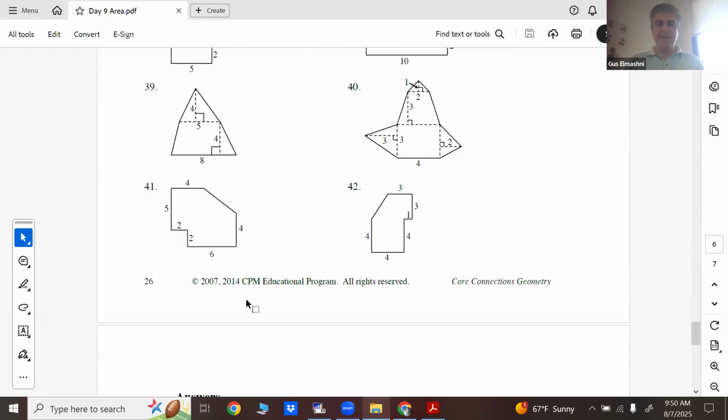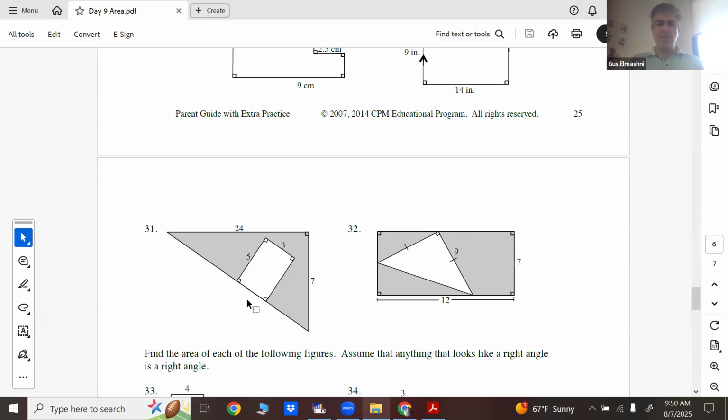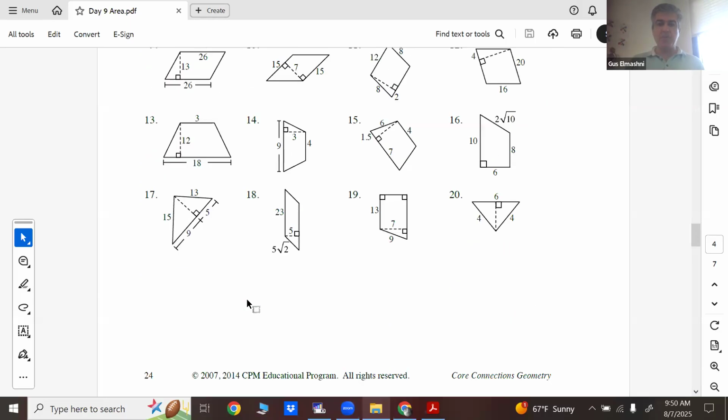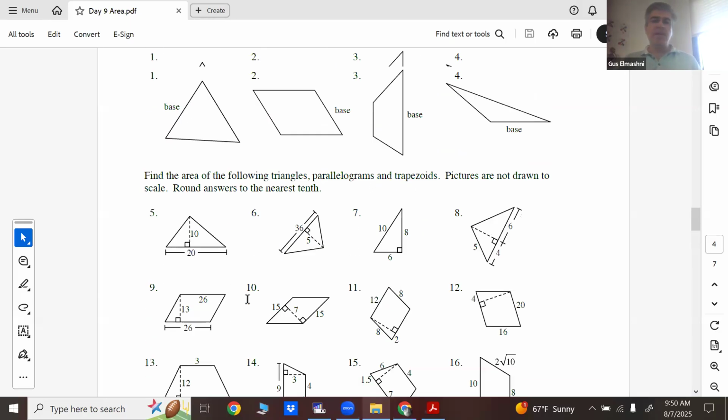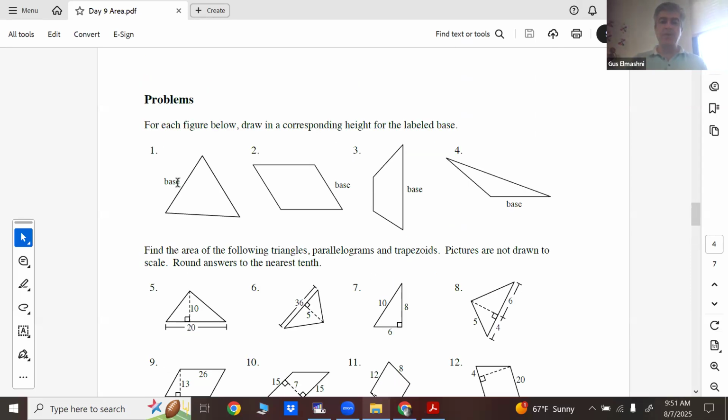I know. But let's just try right now. We'll see how you guys do. I think you guys can blast through the first few. So we're doing every 4th problem, numbers 4, 8, 12, 16, up to 40.